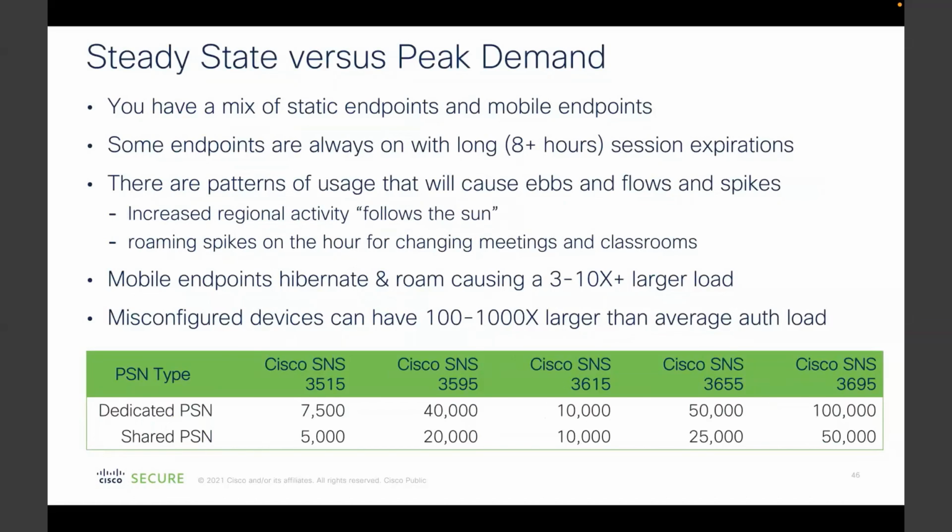I've seen 1,000 times the number of authentication requests from some of these devices compared to a similar device that's properly configured. So just keep that in mind when you are deploying ISE. You want to watch for those kinds of things and try to fix them as quickly as possible so you don't get too many of them and they really overrun the load on your ISE box.